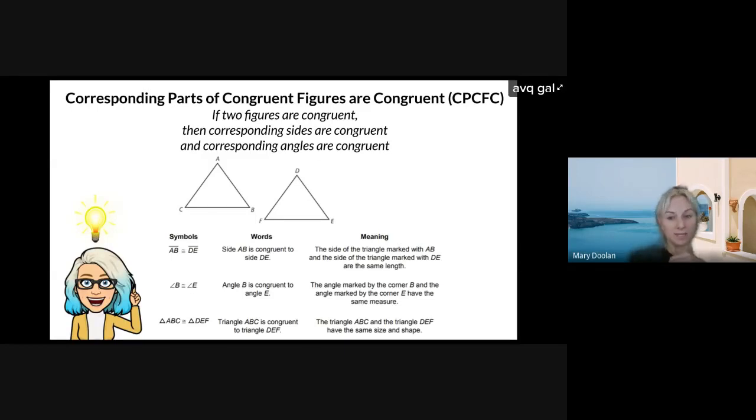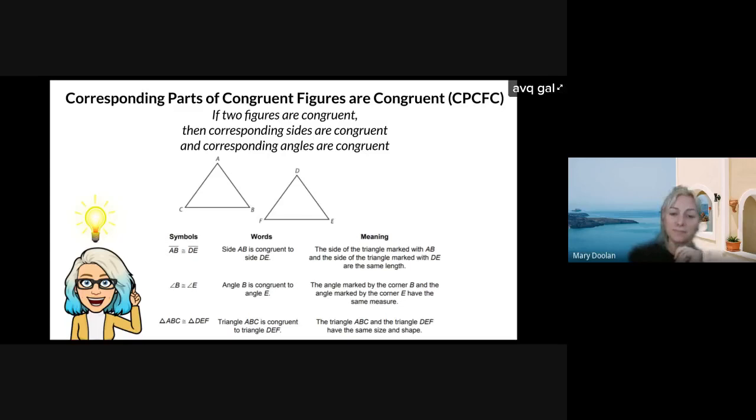And what that means is the side of the triangle marked AB and the side of the triangle marked DE are the same length. All 3 of those columns mean the same thing. One is really concise and easy to write, and one is a lot of words. So that's just how you do math notation.